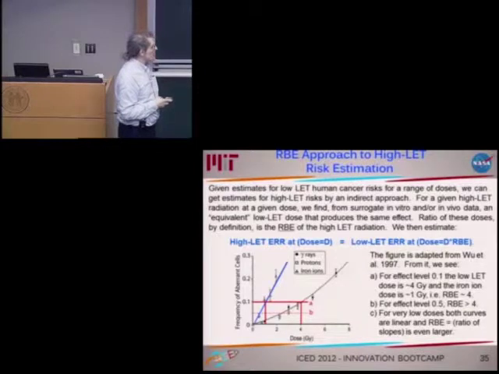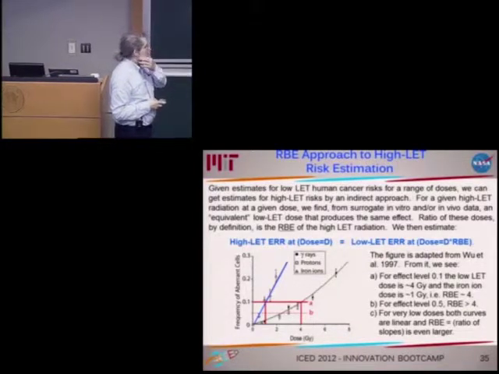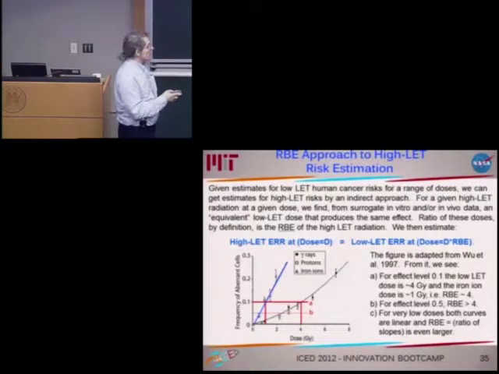Imagine these plots of our surrogate, the frequency of aberrant cells, and we depict here the typical case for the high LET and low LET with respect to the expression of the surrogate.